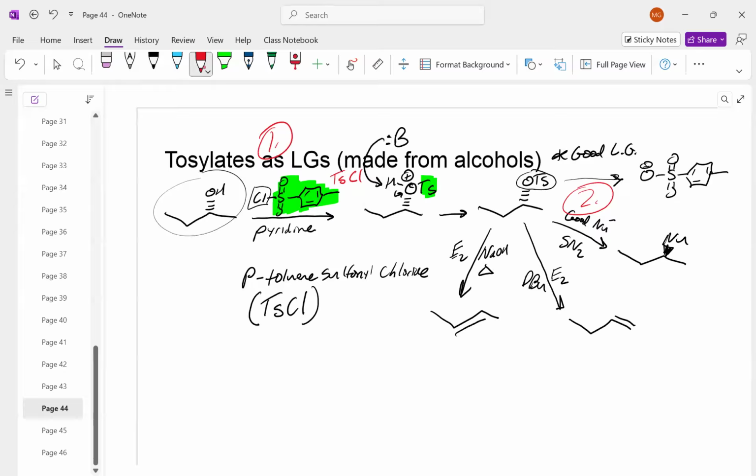And so this is laying the foundation for something that in OChem we call multi-step synthesis, which, like mechanisms, is something that you will not be able to get away from. So it's very important to start mastering this while it's easy, so it's a little bit less difficult when we start throwing on more reactions and more functional groups.